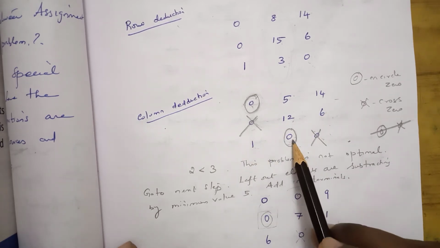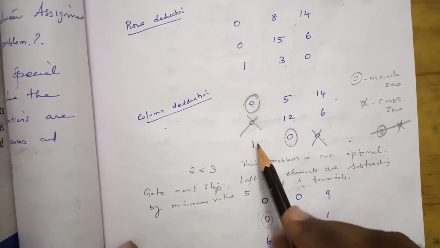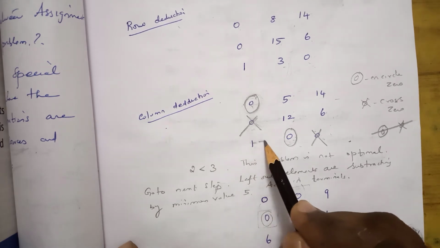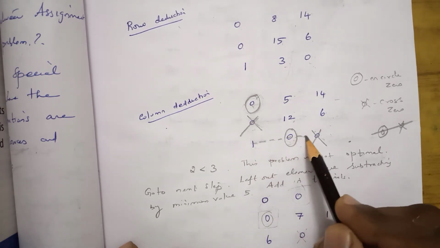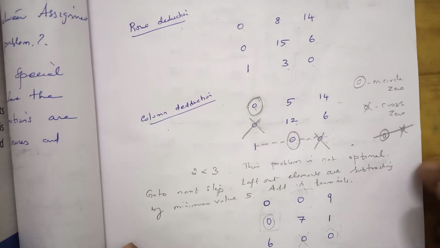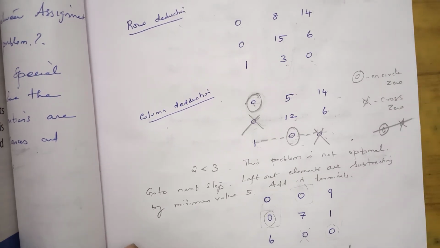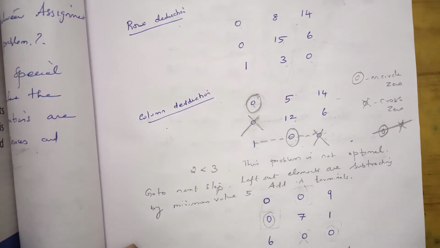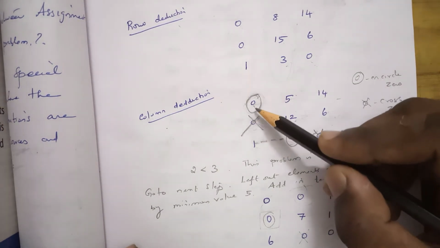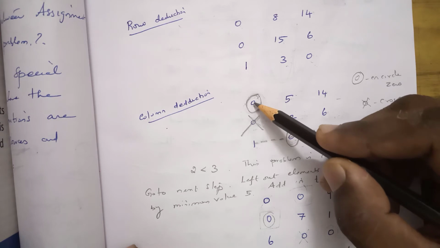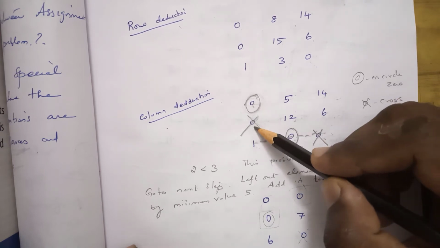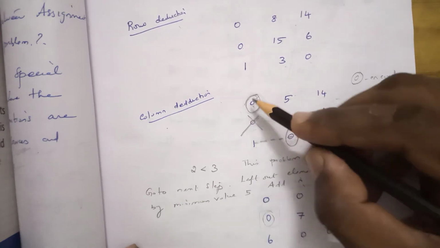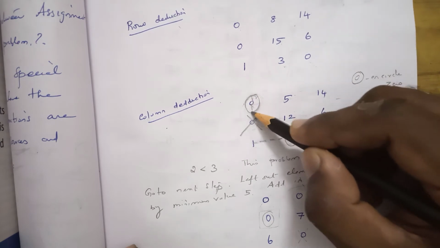In the third row there is one encircled 0 and a crossed 0, so we draw one line for this row in this problem. Again let us move to the columns. Column one has one encircled 0 and one crossed-out 0 left over. So we have to draw one line.